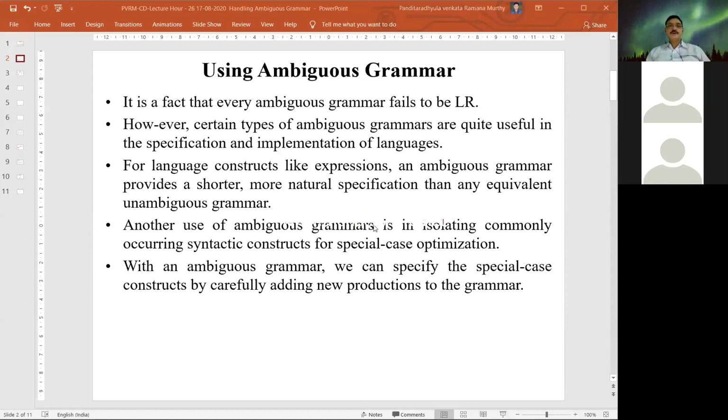Another use of ambiguous grammar is in isolating commonly occurring syntactic constructs for special case optimizations.